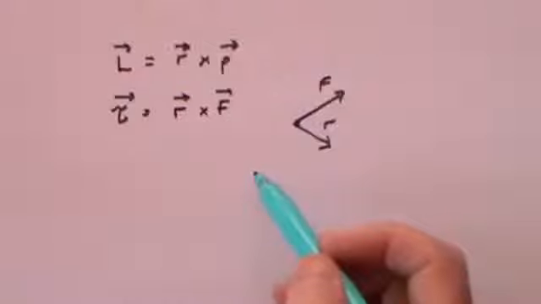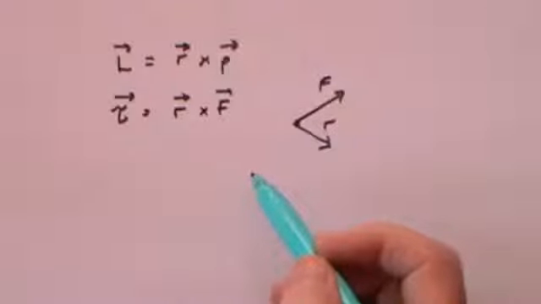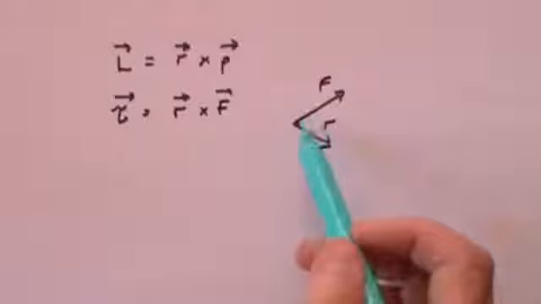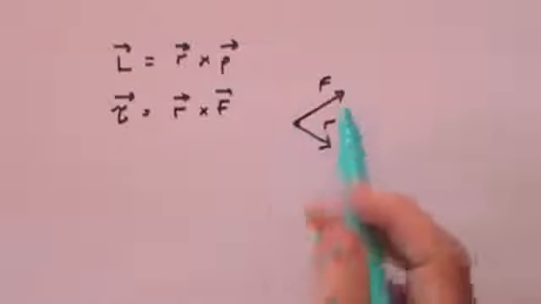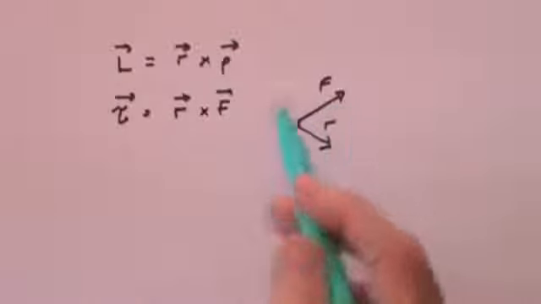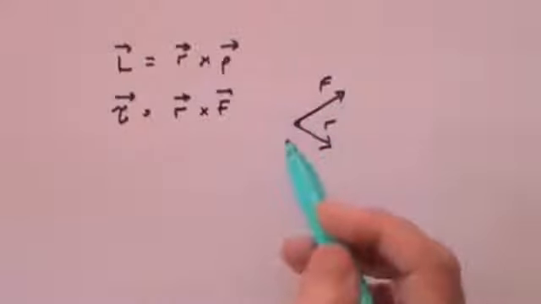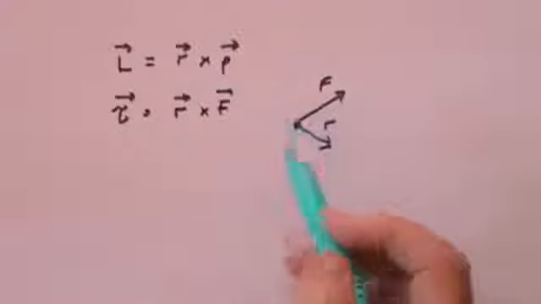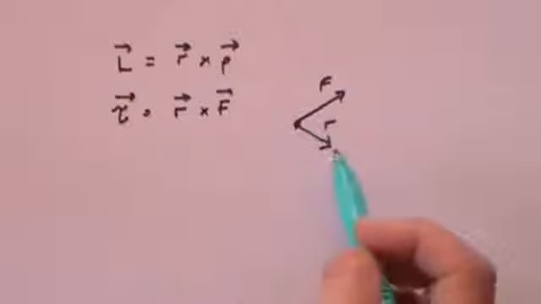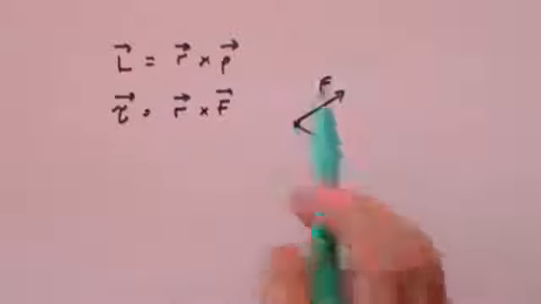If the force is going to cause the system to twist clockwise, then the torque goes into the paper, because a corkscrew would go in if it goes clockwise. And if the force would tend to turn the object anti-clockwise, then the torque comes out of the paper, because if you turn a corkscrew anti-clockwise, it comes out.